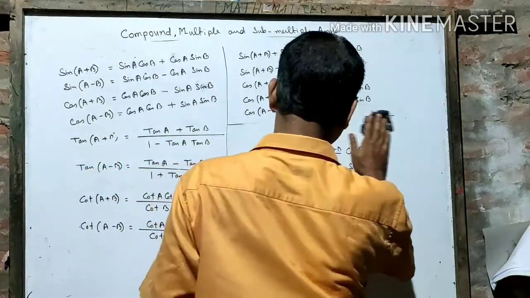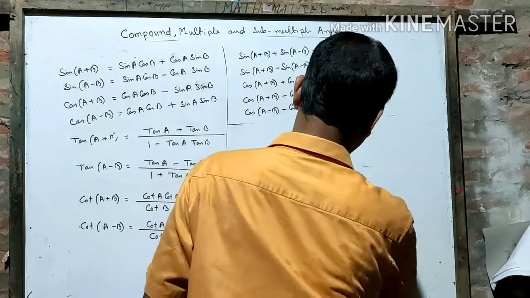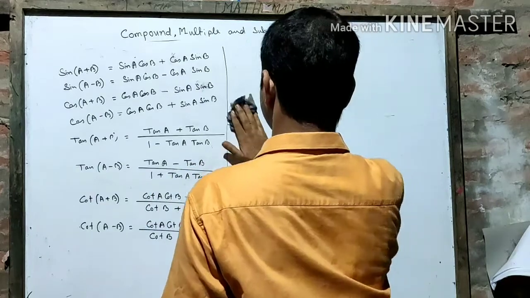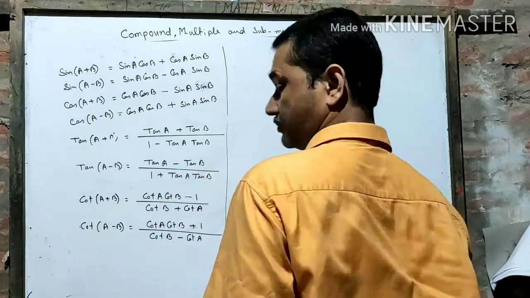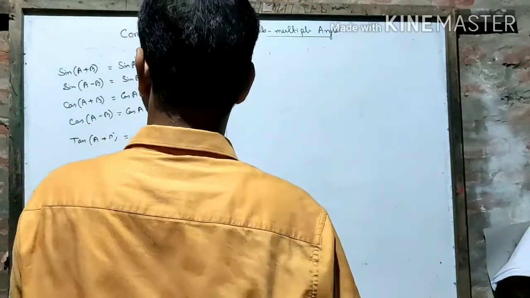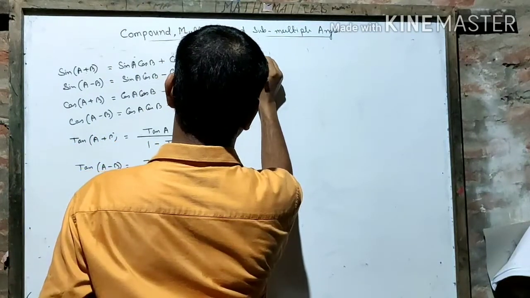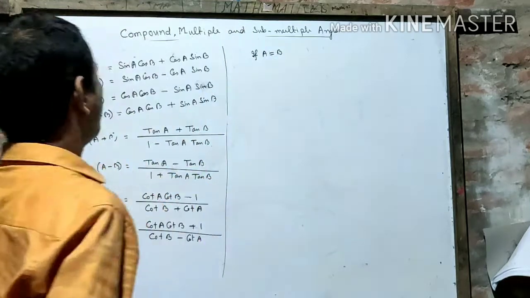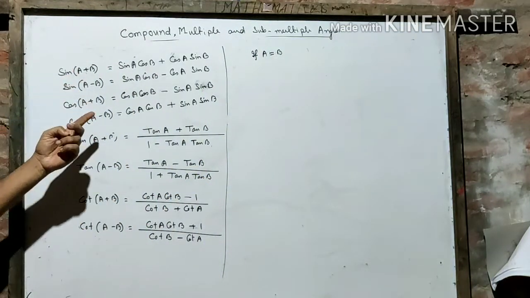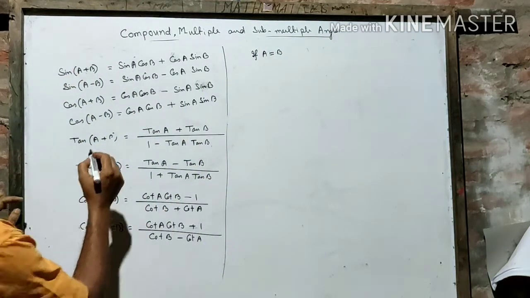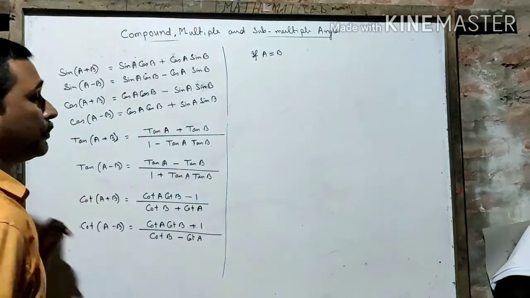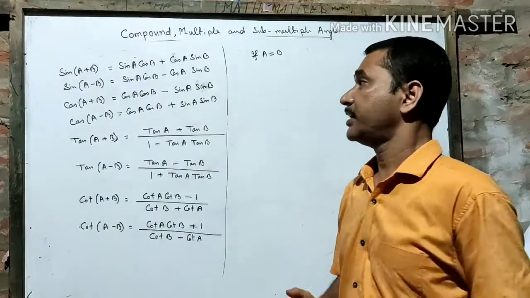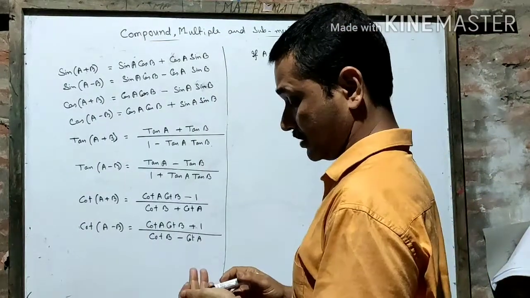Then, in this A plus B formulae, if we put B equal to A, that means A in place of B, then what are we going to get?